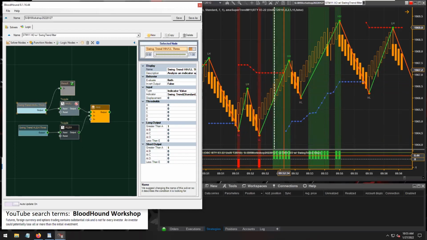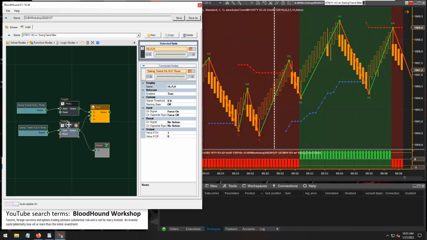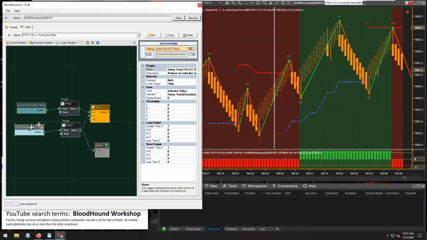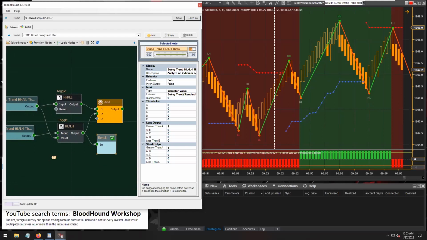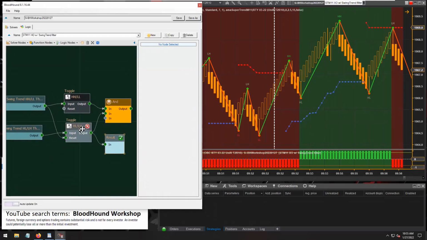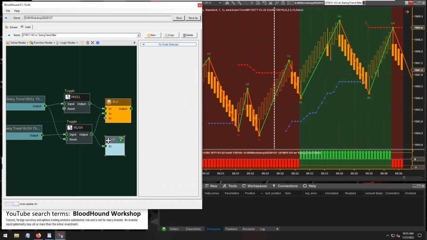So we want this long output to turn this toggle node off, so we can connect this into the reset. Let's zoom in there. We're going to use the reset connector to reset this toggle node. So we have the higher low, lower high toggle node connected to the result.